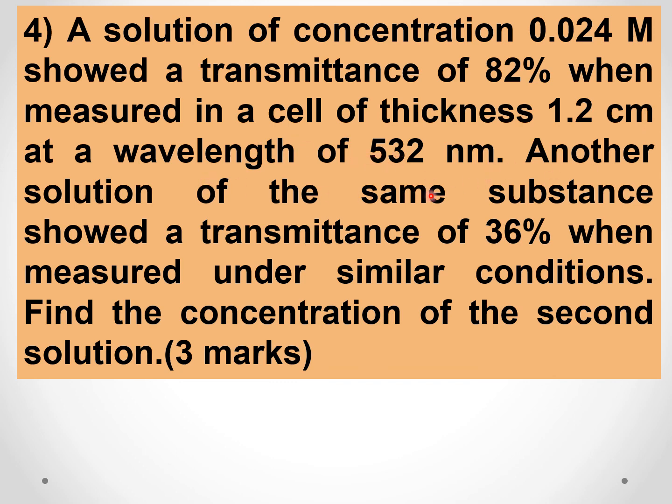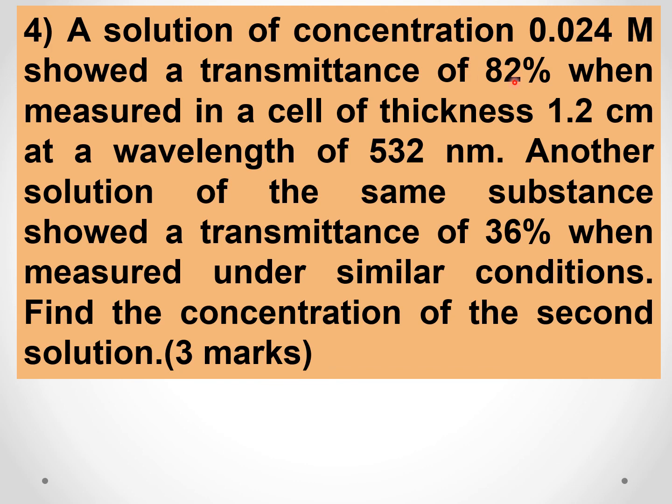Another solution of the same substance showed a transmittance of 36% when measured under similar conditions. Find the concentration of the second solution. Similar problem to the earlier one, only thing is instead of absorbance, transmittance is given, and that too in percentage, not in whole number.